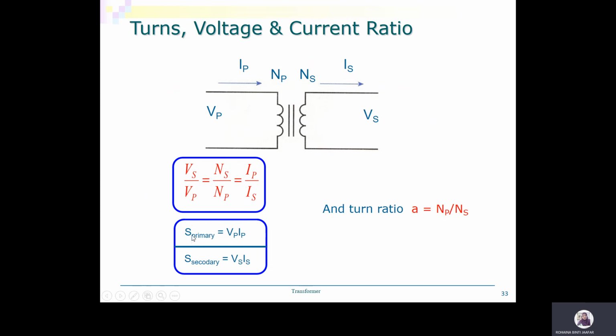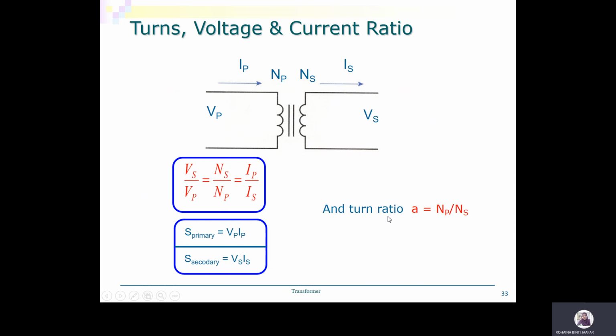And also this one is transformer rating. So S primary equal to V primary times I primary. So S is actually transformer rating, the unit is in volt-ampere. And then for secondary, S secondary equal to V secondary times I secondary.